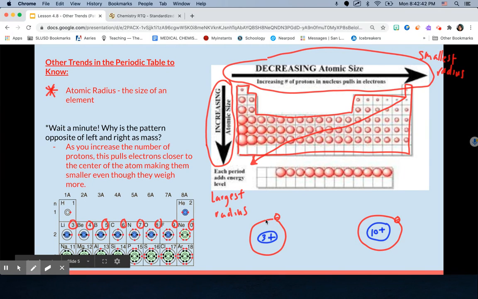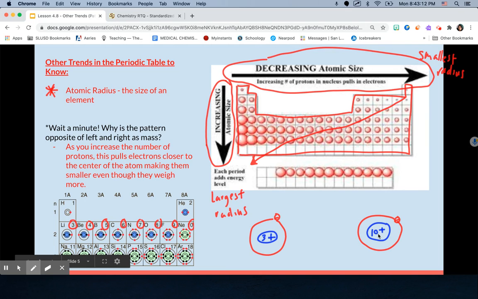Here I've drawn out lithium, this element over here, but a simplified version. And over here I have neon. This one that's a little bit bigger, or it should be smaller on the other side, right? What's happening is, if you think about magnets again, I have a positive charge and a negative charge. This positive charge is kind of small, and this positive charge is way bigger.